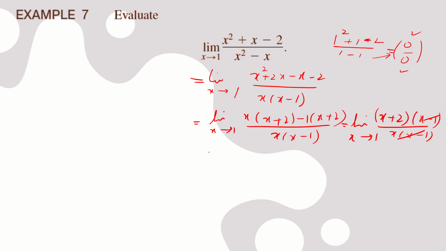We cancel these together. That is limit x goes to 1, we have x plus 2 divided by x. Then applying limits, we get 1 plus 2 divided by 1, that is equal to 3. So limit of this function is equal to 3.